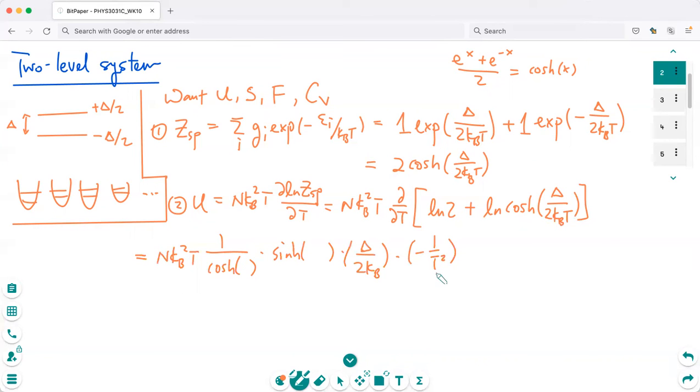And here we go. Hope I didn't make mistake. So you have a kB T squared, you have kB squared T. So sorry, I make a mistake. As I say, I will make a mistake. This is where the mistake is.